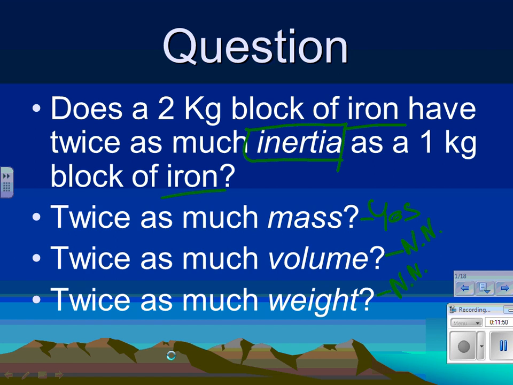If something has twice as much inertia, it takes twice as much force to make it accelerate. So does a 2 kilogram block require twice as much force to accelerate as a 1 kilogram block? Yes, it does. Mass is the thing that determines inertia. And therefore, something that has twice as much mass will be twice as hard to change its motion.